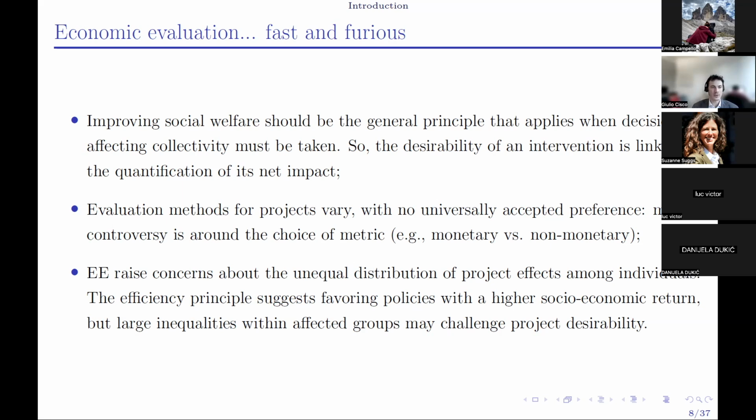In this welfare economics view, a good project is a project that improves social welfare, and this means basically that the benefits outweigh the costs. And of course, when you have to deal with a specific problem, you have different solutions, and economic valuation helps to find the best solution to each issue, comparing the different alternatives.